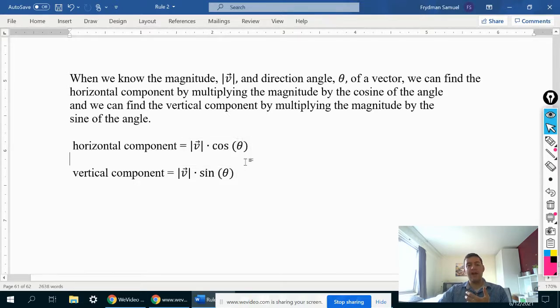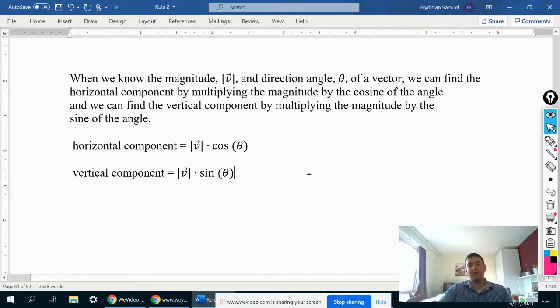Okay, any vector which has a magnitude, let's say, of 3, like in the example that we just did, would be 3 times longer than the unit vector. So if these are the components of the unit vector, then we would have to multiply them by 3 to find the components of the vector that we're talking about.